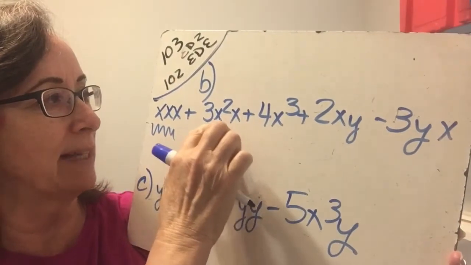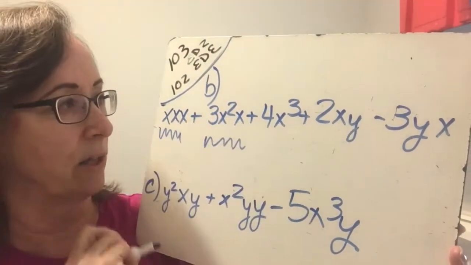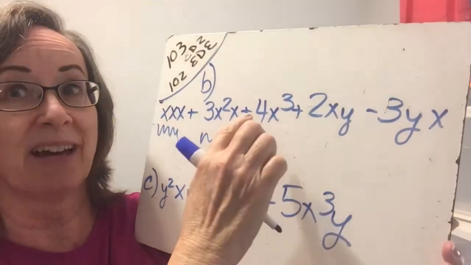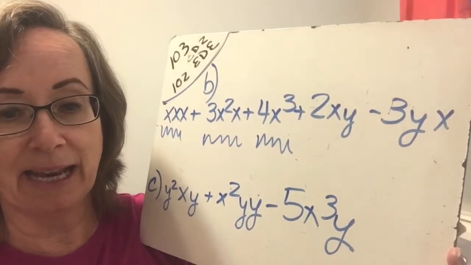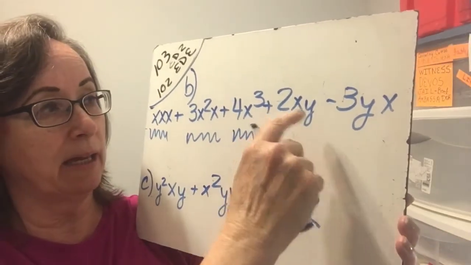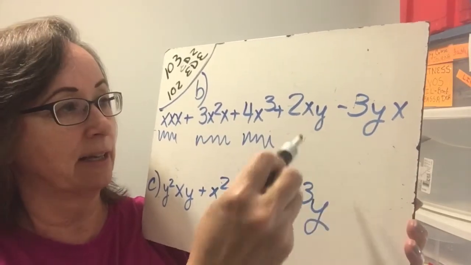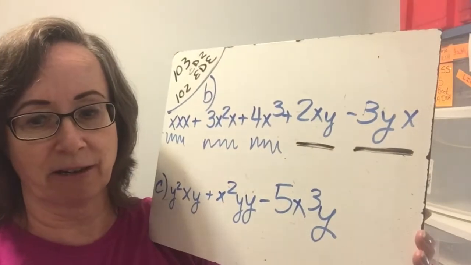Here we have an x squared times another x, which is the same as an x cubed. Here we have an x cubed, so that's the same as an x cubed. But now notice that over here we have an xy and a yx. So these, we'll make those black. Those are different, aren't they?